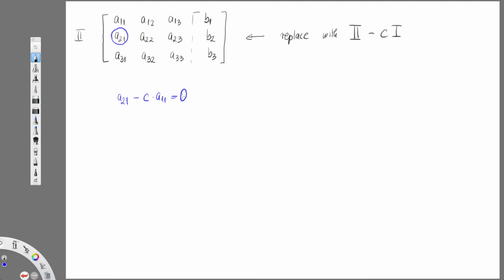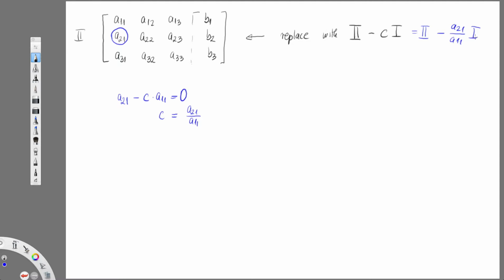That means in the first position I'm going to have A21 minus c times A11 equal to 0, which makes c, the choice for the coefficient, be what? So basically c should be A21 divided by A11.